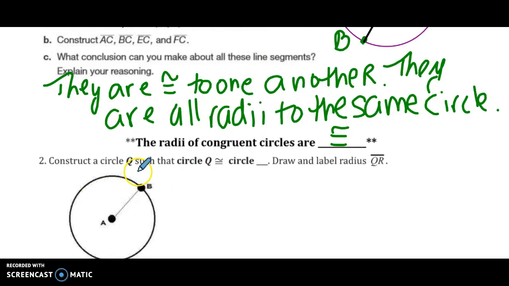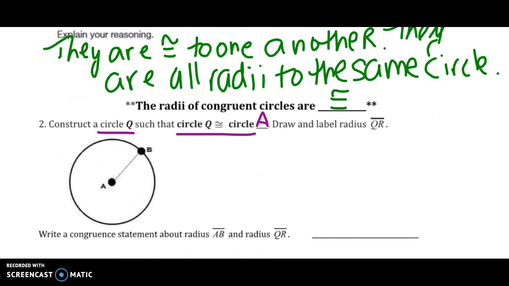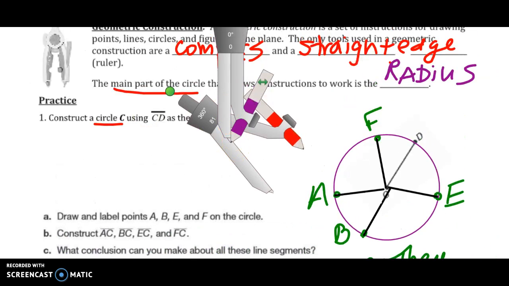Right? So if we want to construct a circle Q such that circle Q and the circle below, which we would again name by its center, so circle A, are congruent, that's what this symbol means. They want us to create that circle Q and draw and label a radius QR. So here is my point. That's going to be my center for Q. We're going to need our compass.